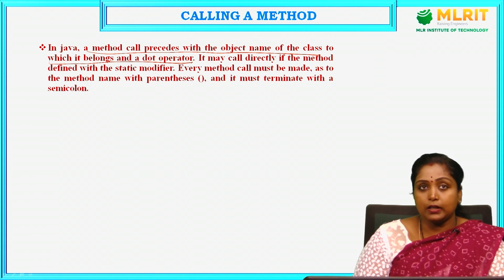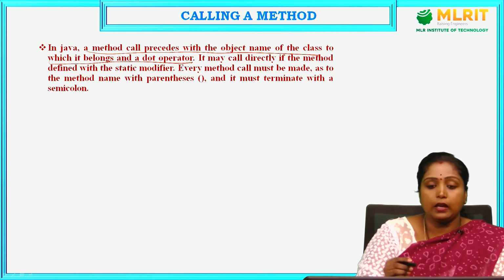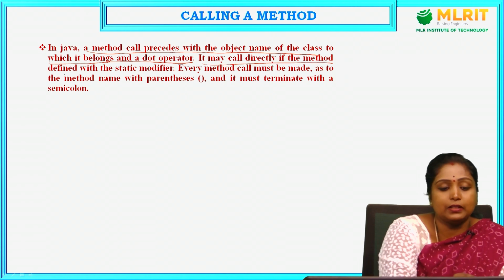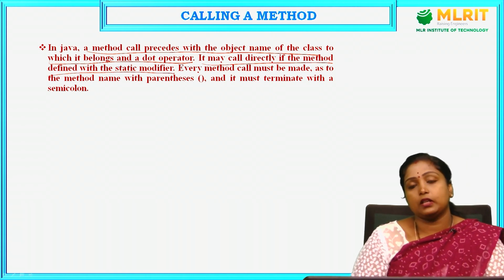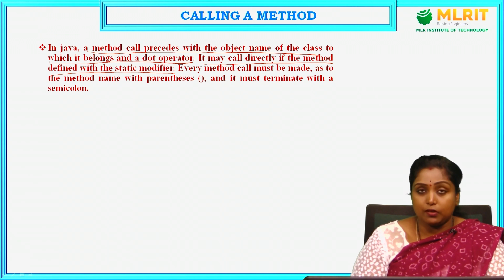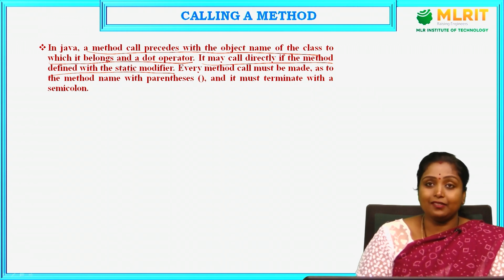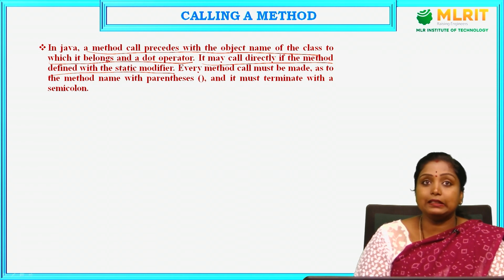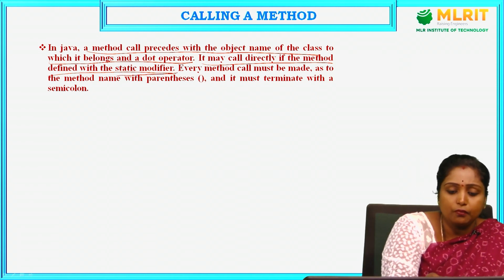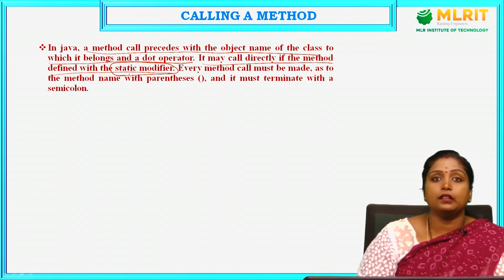You can call it using the object only. It may be called directly if the method is defined with the static modifier. If a method is a static method, then you can call it directly. This static modifier we are going to see in the next class.